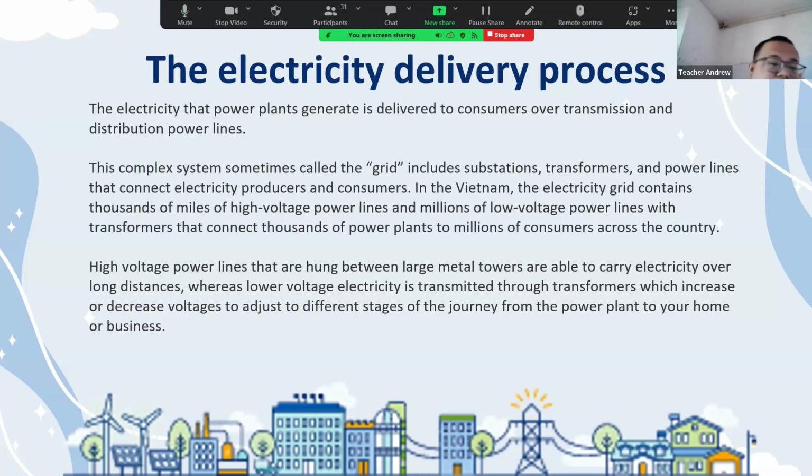High voltage power lines are hung between two metal towers that are able to carry electricity over long distances, whereas lower voltage electricity is transmitted through transformers, which increase or decrease the voltage to adjust for the different stages of the journey from the power plant to your house or businesses. So this is how electricity is delivered from the power plant. As you can see in the picture here, from the wind turbine, the line goes all the way to your house.